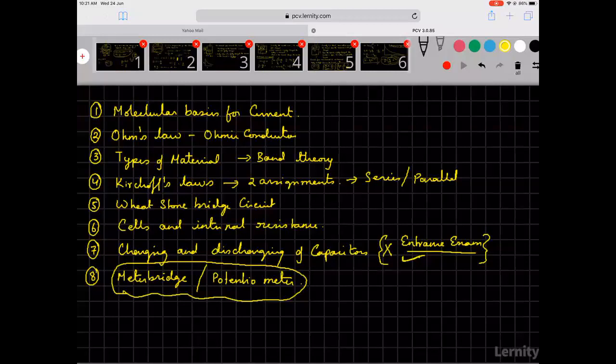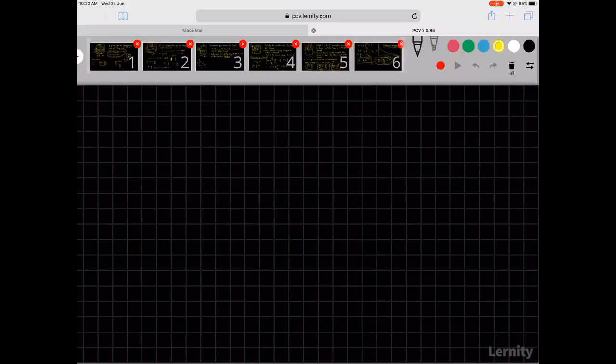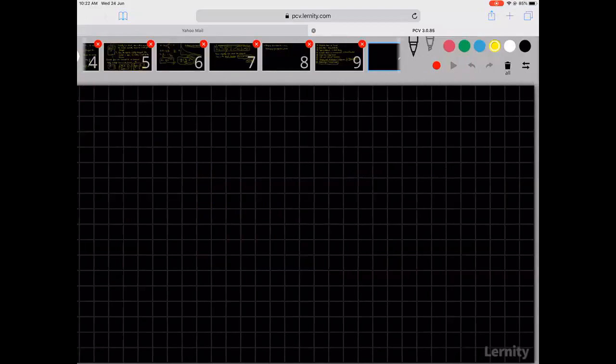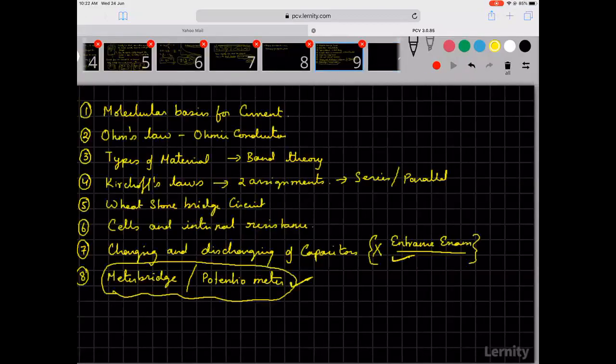Even if you go for engineering to a good engineering college, you will be redoing these experiments. So these 2 are very important experiments. First is the question of a meter bridge. What is a meter bridge and what is it used for? And then we will talk about potentiometer.